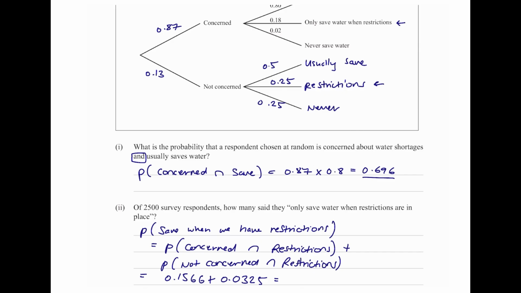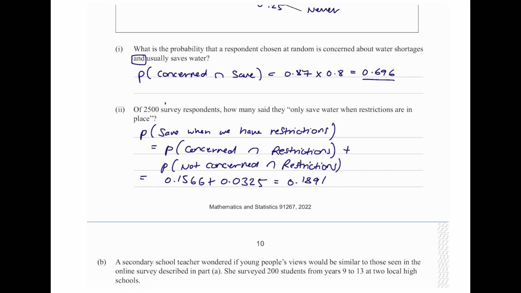So if we sum those together, we're going to get a probability of 0.1891. But we want to know how many people. So we need to multiply that probability by 2,500. We'll get 472.75 participants, but we can't have 0.75 of a person, so let's round that down to 472 respondents.